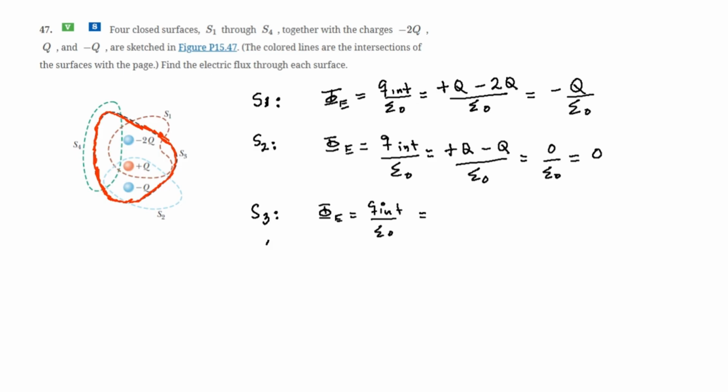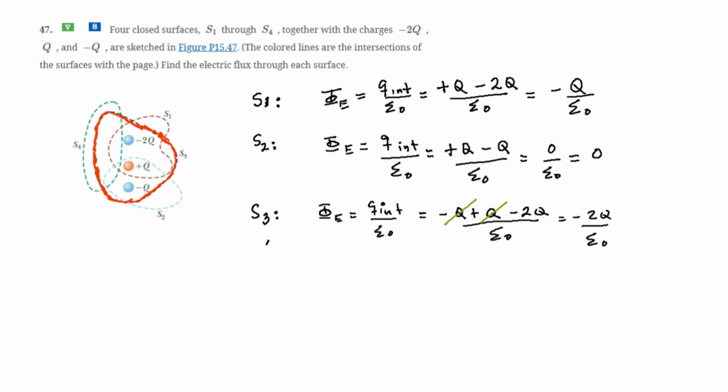We have minus Q, plus Q, minus 2Q, over epsilon sub 0. Now what happens? The minus Q and plus Q cancel out. So we get minus 2Q over epsilon sub 0.